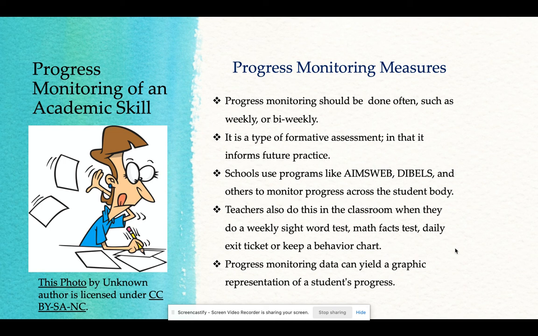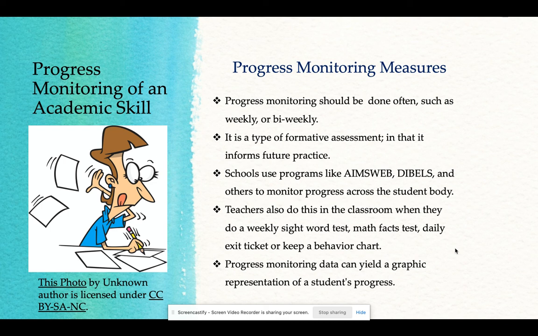So these are other progress monitoring measures that can help guide instruction, that can help guide the way we address behaviors in the classroom, and that can give us some ideas about the things that our students are not really understanding even after we've walked them through it.